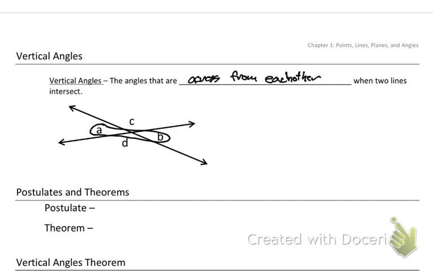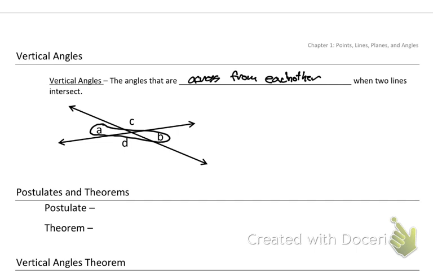If you are a vertical angle, you are congruent to each other. Vertical angles are congruent to each other. So do you see how A and B are across from each other? That means those two angles are congruent to each other.